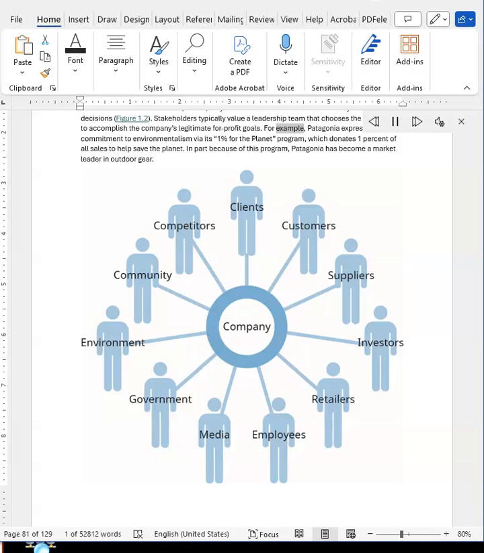For example, Patagonia expresses its commitment to environmentalism via its 1% for the Planet program, which donates 1% of all sales to help save the planet. In part because of this program, Patagonia has become a market leader in outdoor gear.